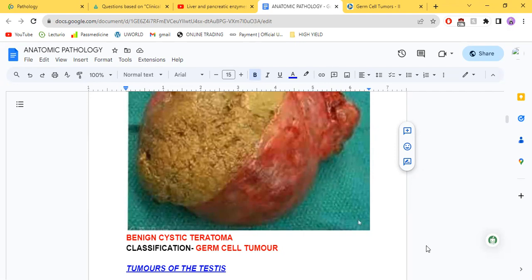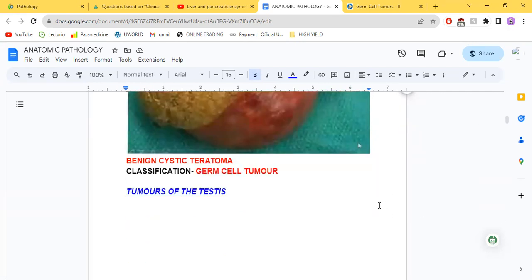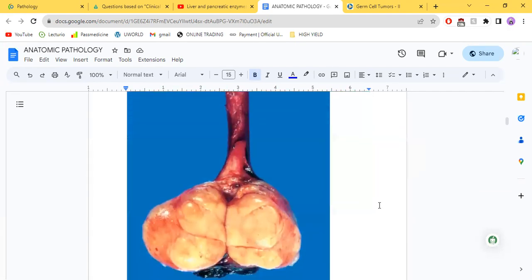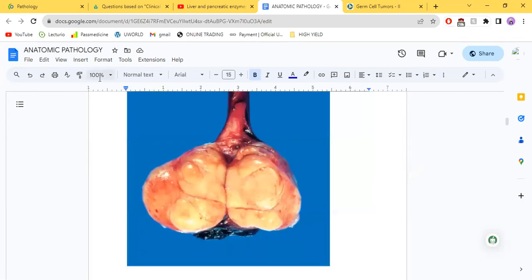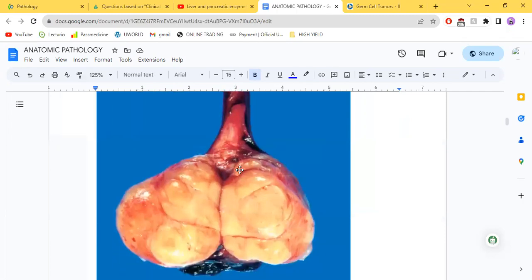Let's move to the testis. Now, describe the gross morphology. What can we see in this picture, using the template we described earlier?